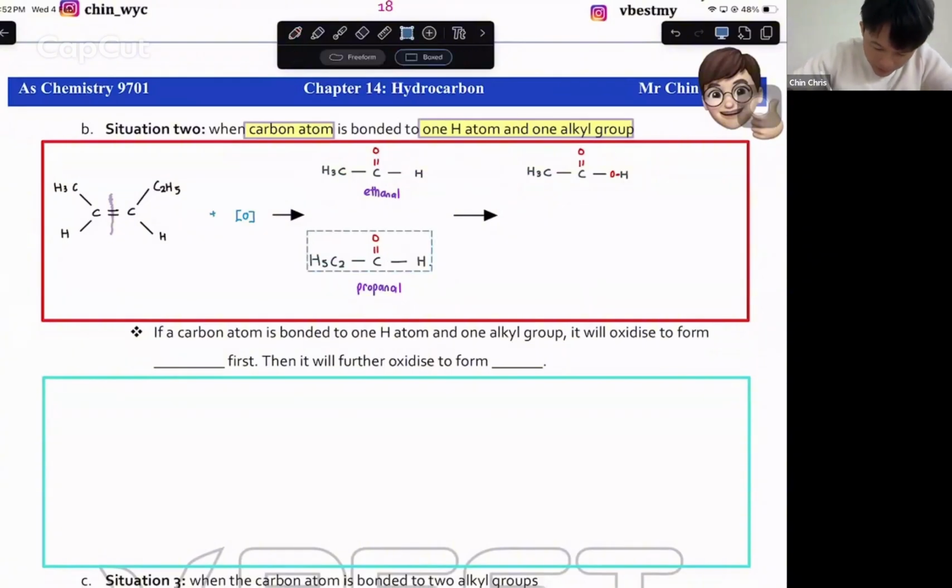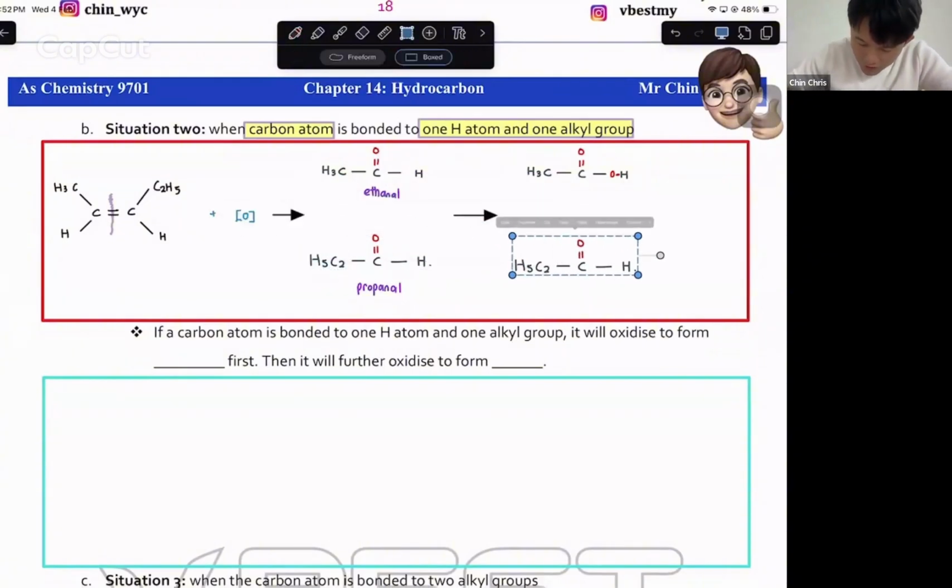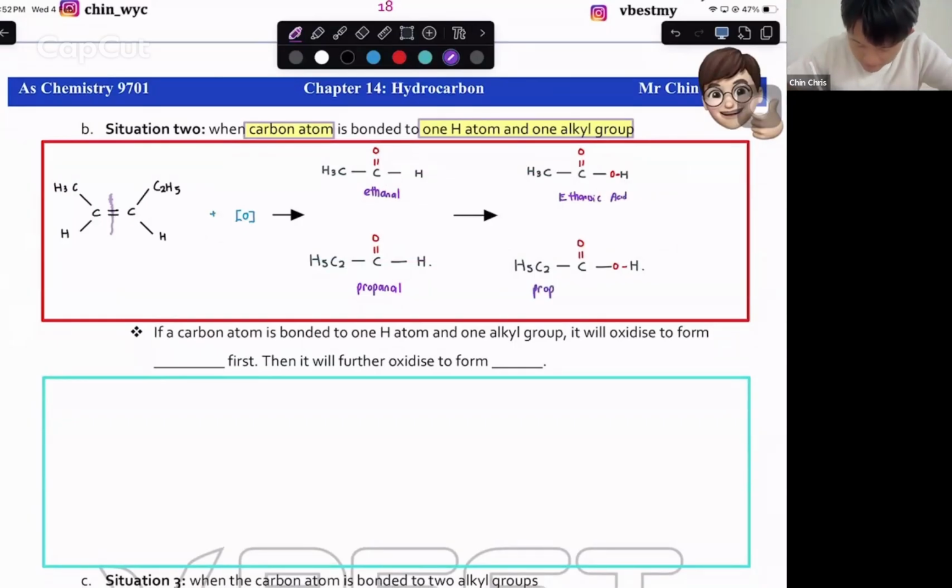The same thing happens here: I add one more oxygen in between, and it turns into a carboxylic acid. So the final answer is ethanoic acid and propanoic acid as my final product.